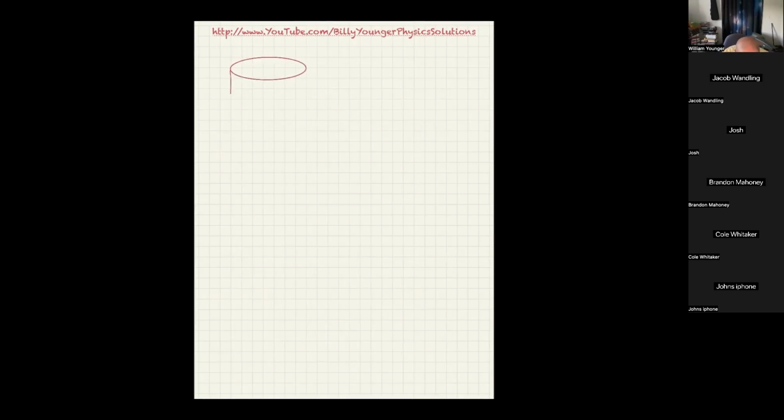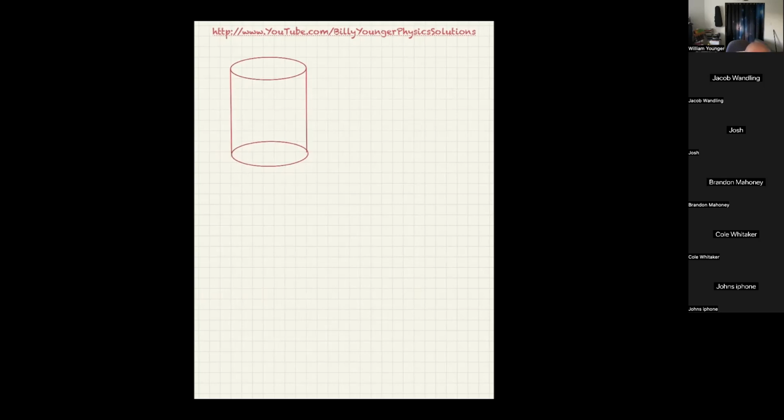And the cylinder is going to have a height h, and it's going to have a radius r. And I'm going to imagine rotating it about the axis of symmetry of this guy, which, as you can tell, would be basically right down the center of the circle that makes the top.